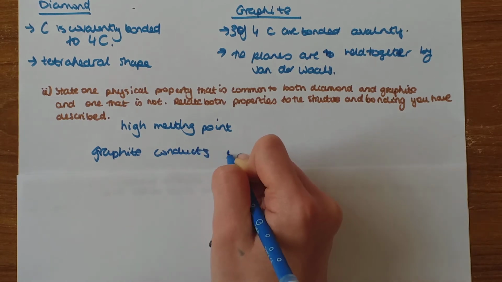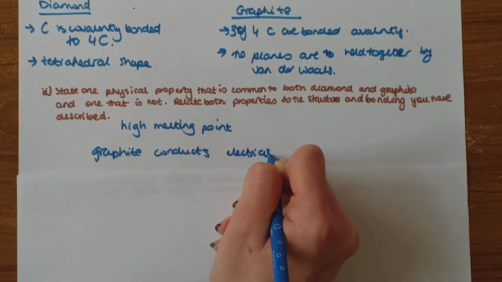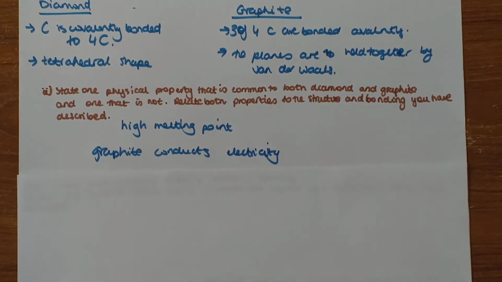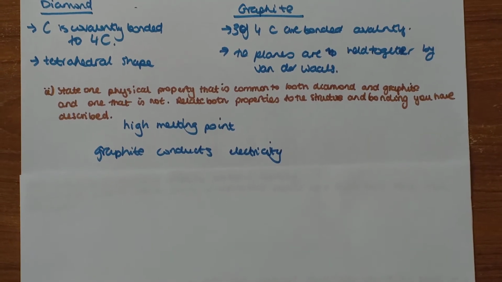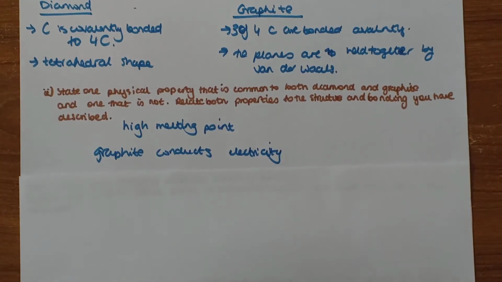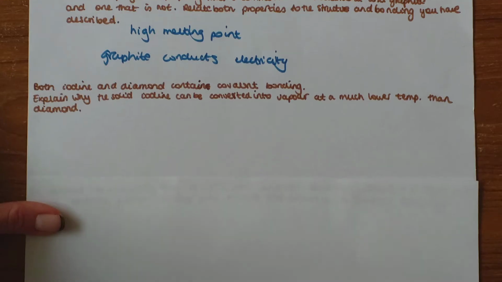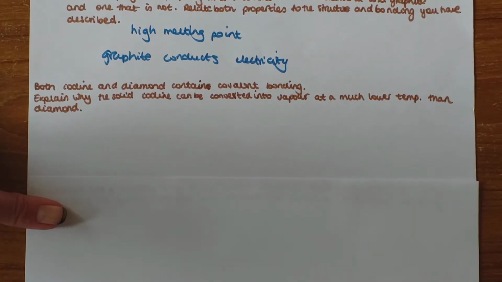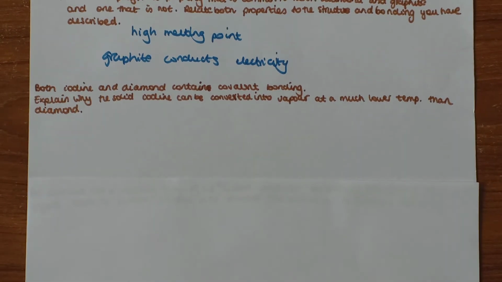It conducts electricity due to these delocalized electrons. They can move and carry the current. While diamond doesn't have that because all 4 carbon atoms are just covalently bonded to each other, so it's a solid.